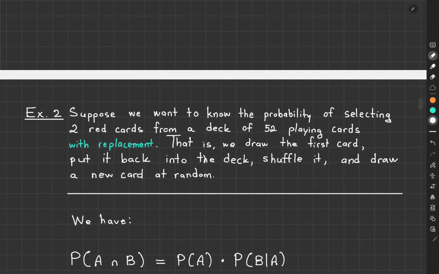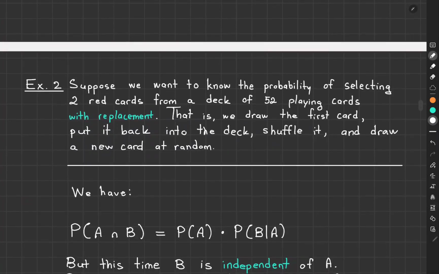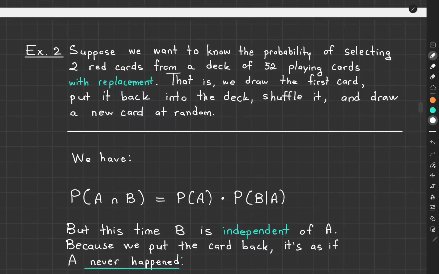This time we have the probability of A and B. The formula is equal to the probability of A times the probability of B given A. But this time, B is independent of A. Because we put the card back, it's as if A never happened.